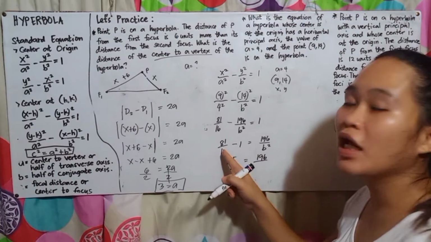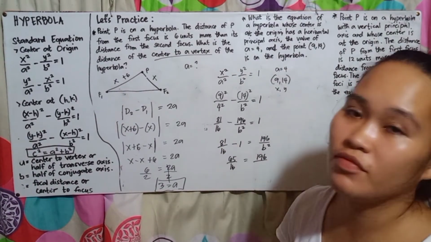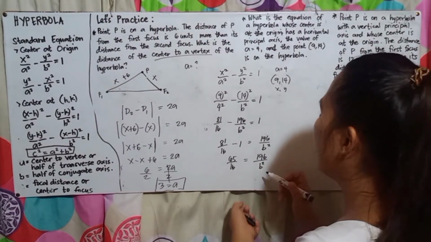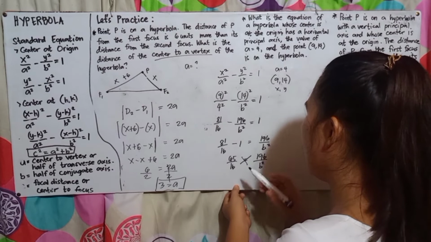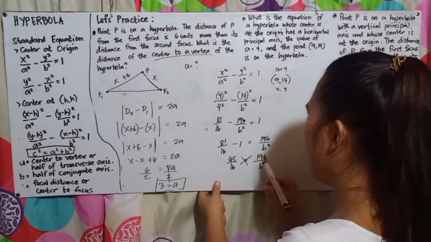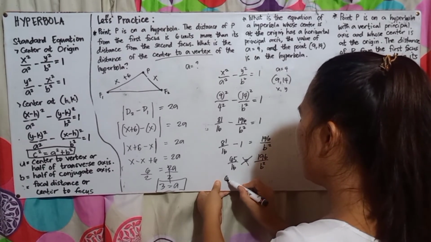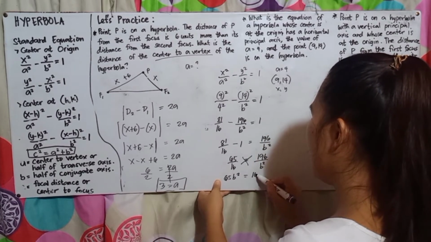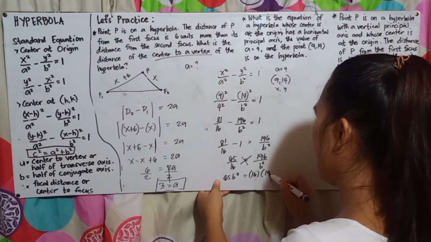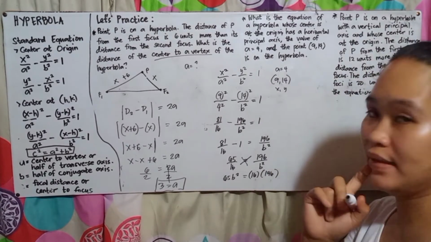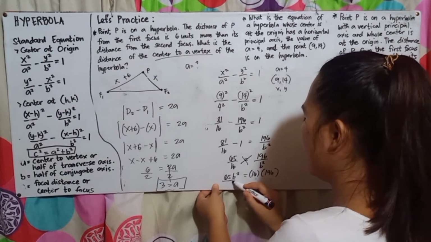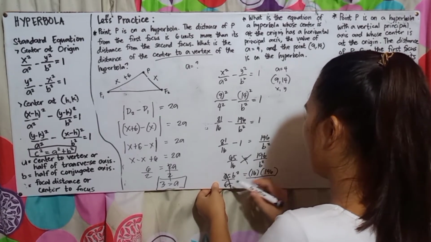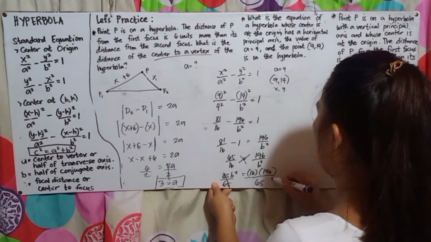I computed it directly on the scientific calculator. Then cross multiply: b squared times 65 gives 65 b squared, and 16 times 196, then divide by 65.